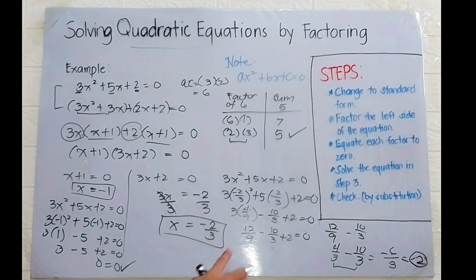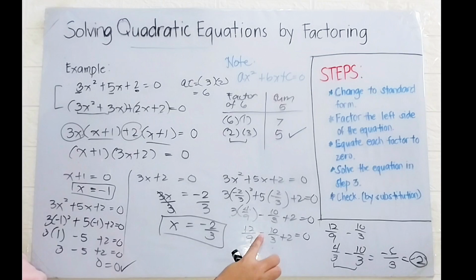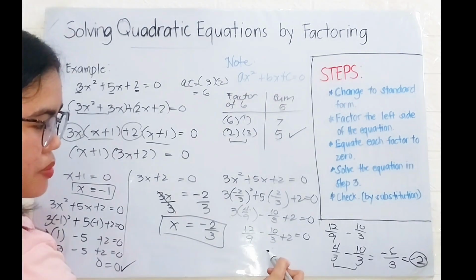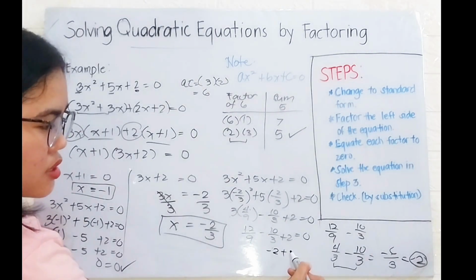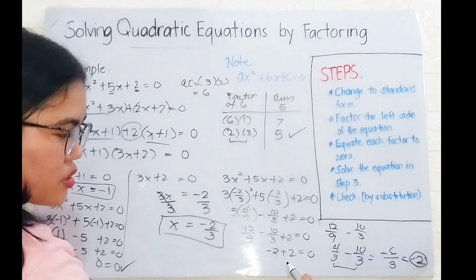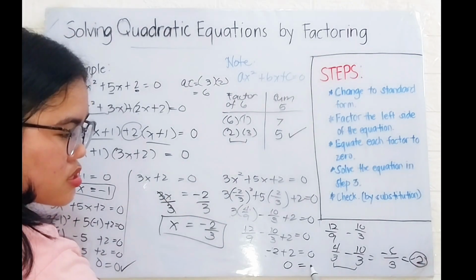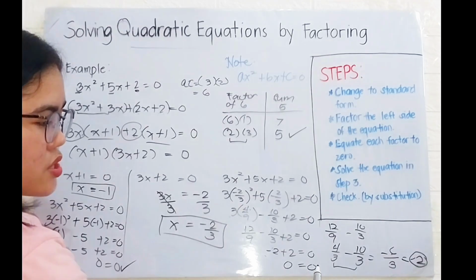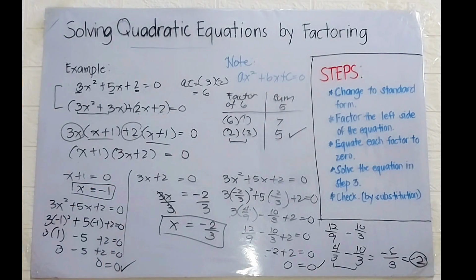So therefore, 12 over 9 minus 10 over 3 is simply negative 2 plus 2 is equals to 0. What is negative 2 plus 2? 0 equals to 0. Is 0 equals to 0? Yes. So therefore, our values of x, which is negative 1 and negative 2/3, is true to our given equation.